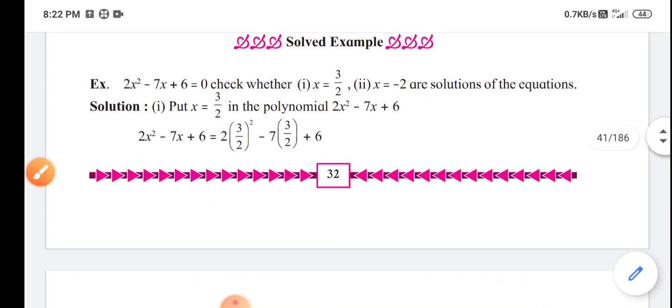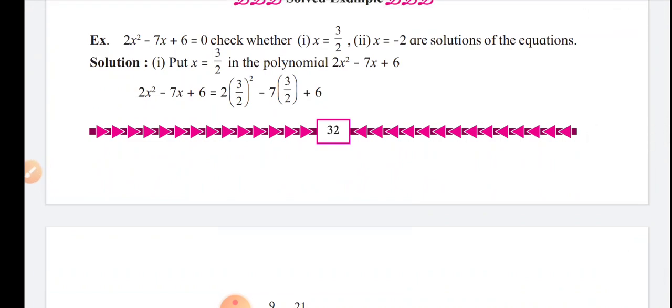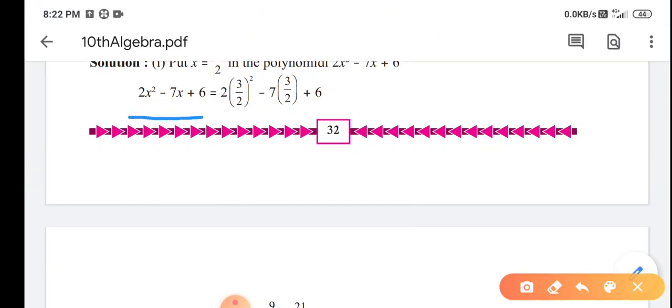So let's start. What is the equation? 2x square minus 7x plus 6. Firstly we have to check whether the first value of the variable is a solution or not. So we put x is equal to 3 by 2, that means at the place of x we put 3 by 2. So 2x square minus 7x plus 6 becomes 2 into 3 by 2 whole square minus 7 into 3 by 2 plus 6.